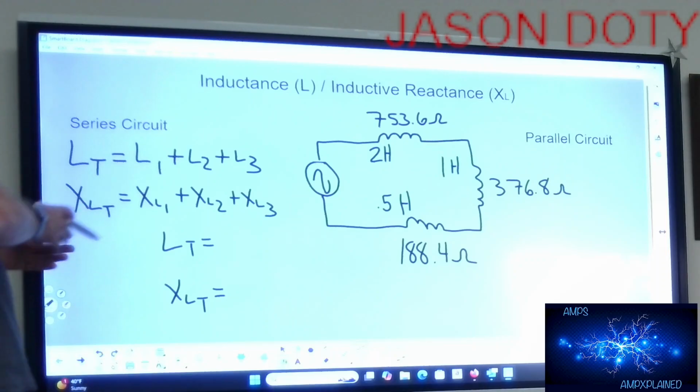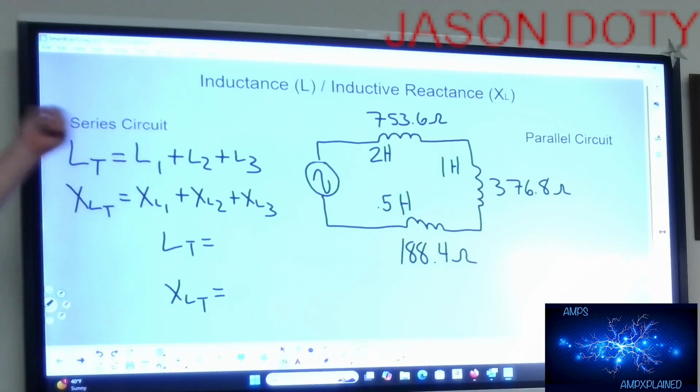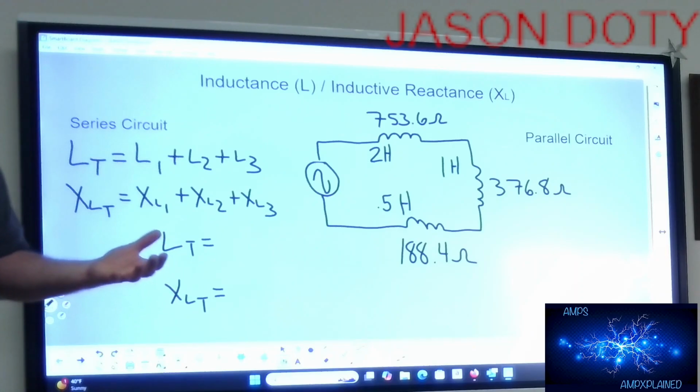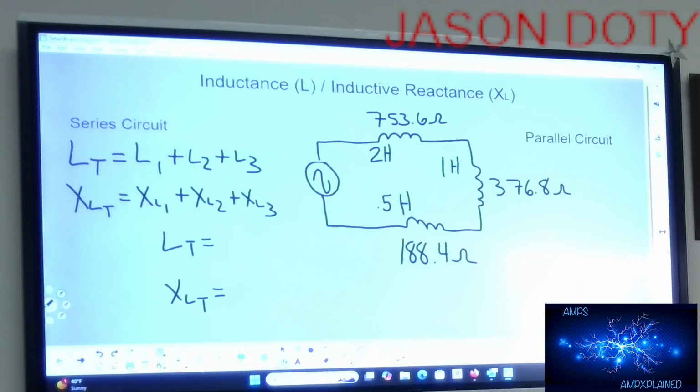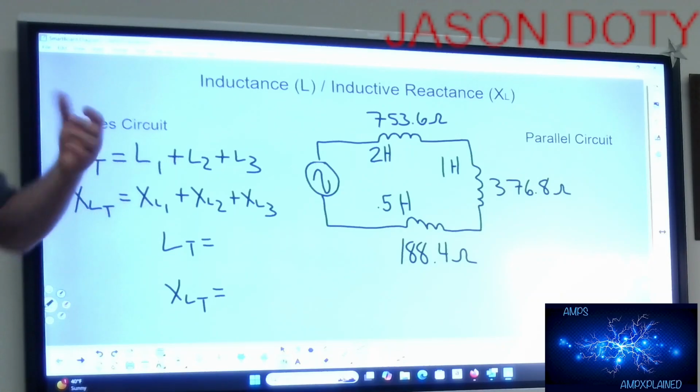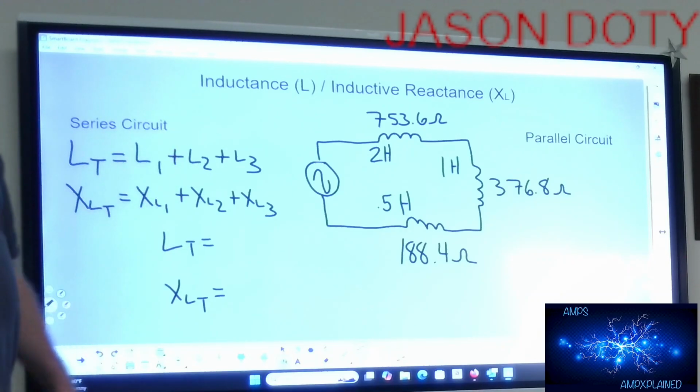So we can add up all the Henries to get a total Henry value. But Henries don't help us make calculations for current or voltage drop, like we know happens in a series circuit. So we have to convert Henries into something we can use, which is ohms.